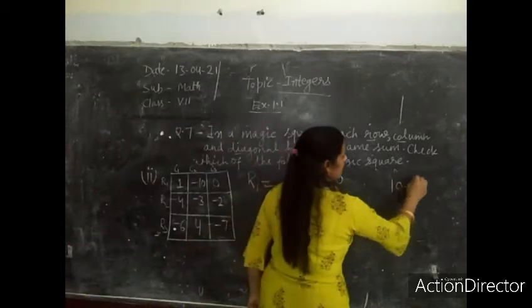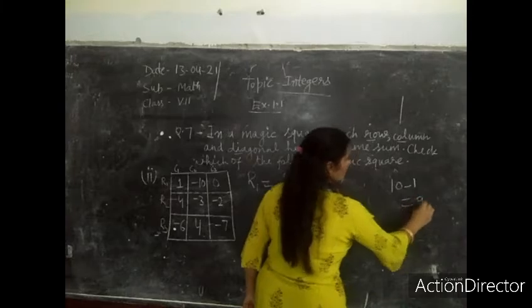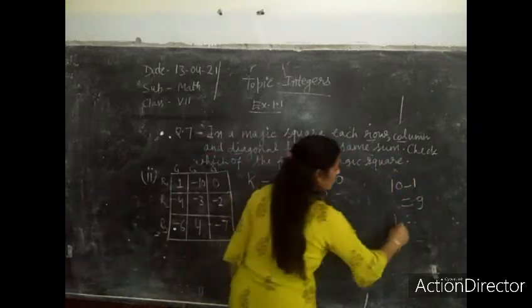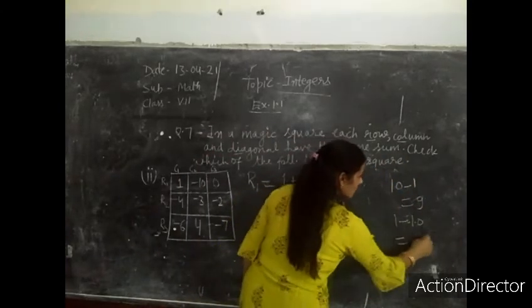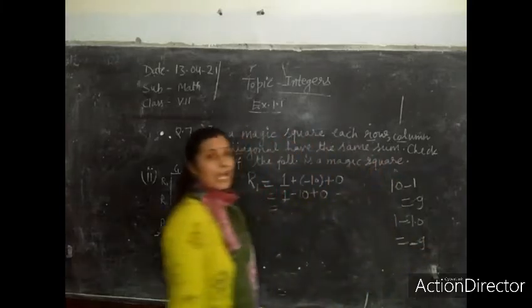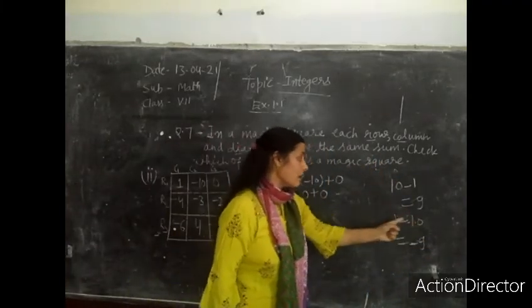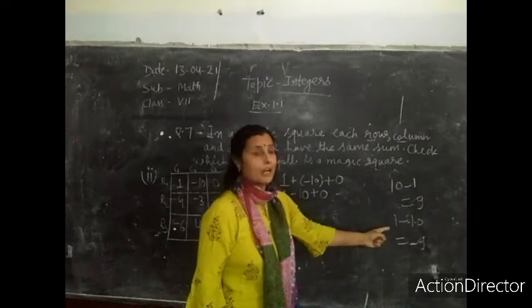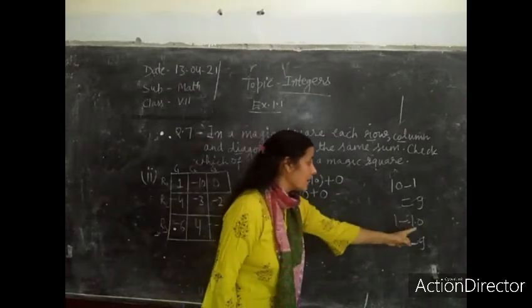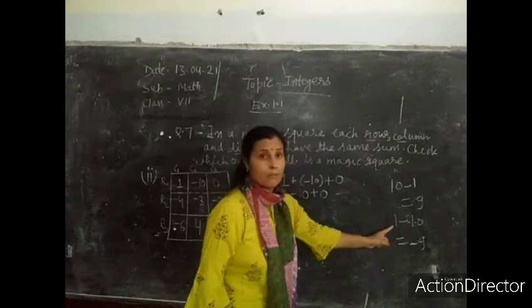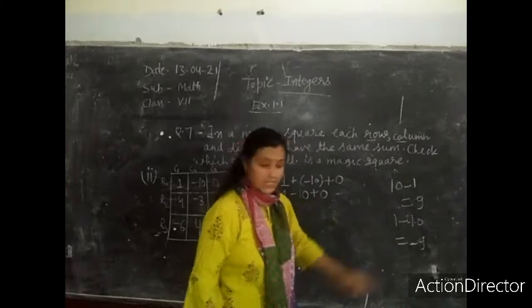If I say 10 minus 1, it will be 9. But what about 1 minus 10? It will be 9 but with a negative sign, because here we are subtracting a bigger number from a smaller number. One is written first.